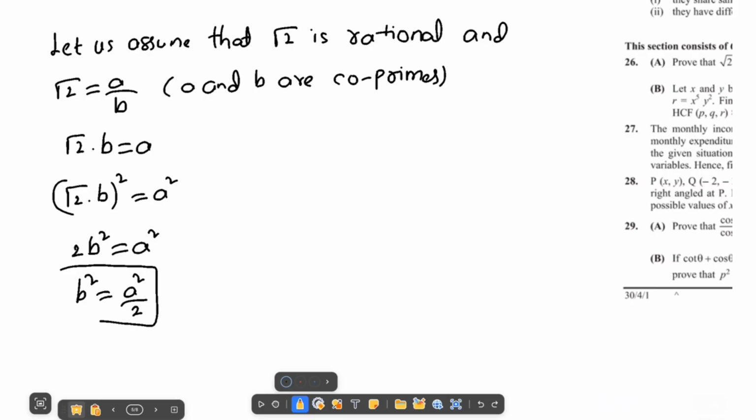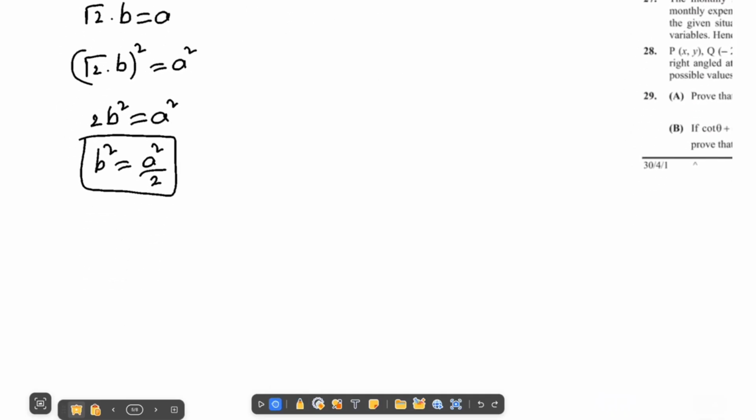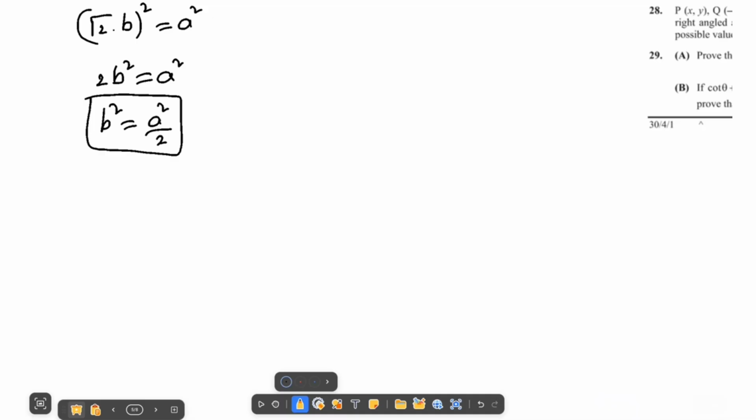That means this a square is divisible by 2.